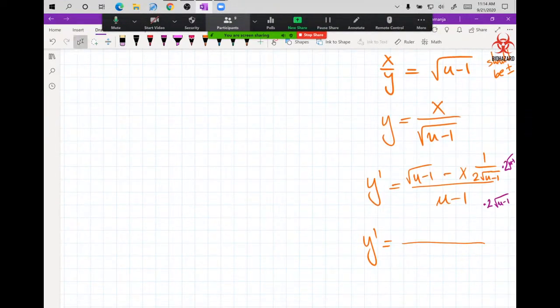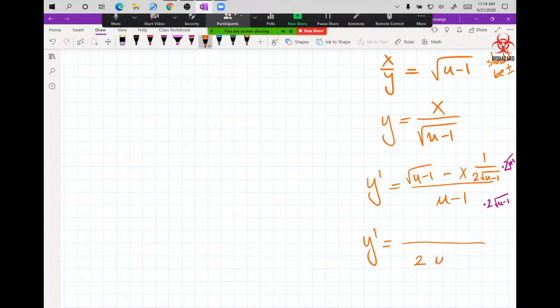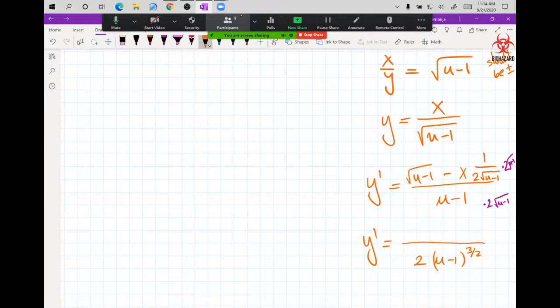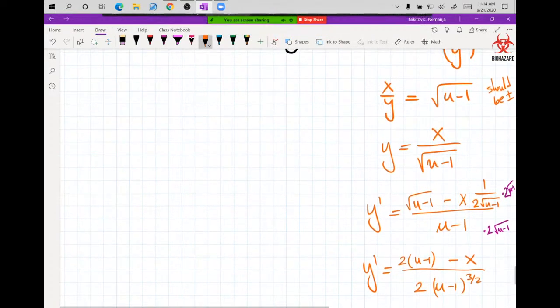So the bottom is going to be 2 times u minus 1 to the 3 halves, because 1 plus half is 3 halves. Now on top, you're going to get 2 times u minus 1, because root times root is this, and then just minus x. Okay, this might be better. I don't know. We'll see when we plug everything in.